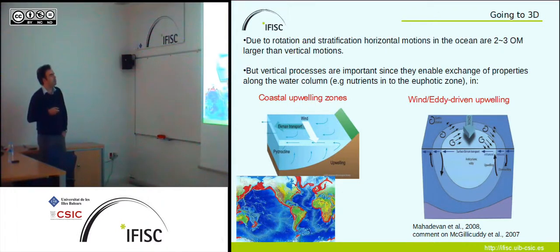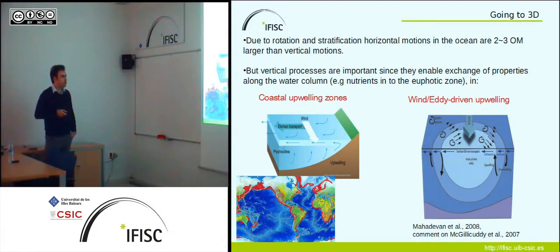And we know that vertical transport is more intense in certain regions or in certain settings, such as coastal upwelling zones that you can see here marked more or less around the globe. These zones are zones of extremely high productivity and fisheries, so they are very important to humans.